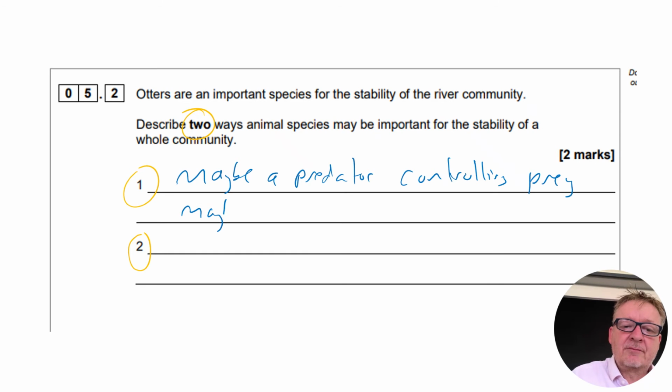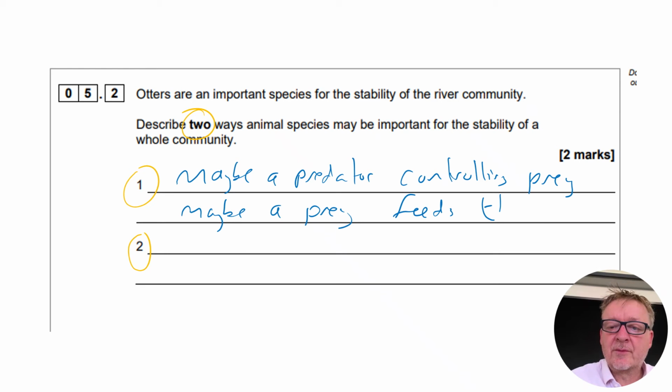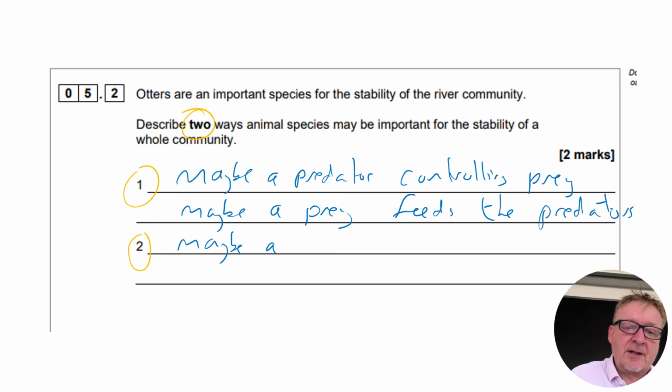It may be a prey which feeds the predators. It could be maybe a primary consumer, which is then controlling plants.